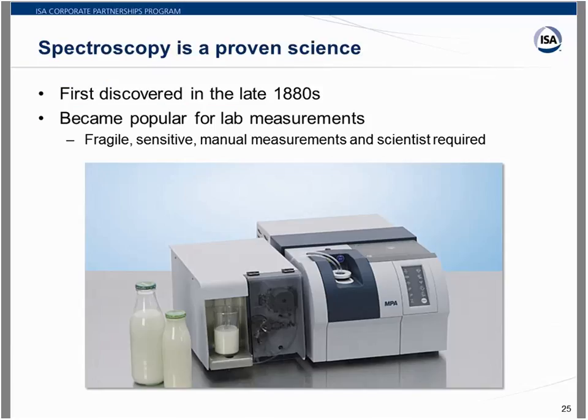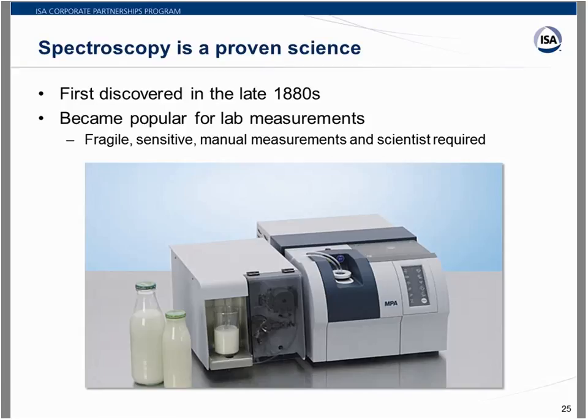The difficulty is that it's potentially fragile, it's sensitive, it can be manual, and a lot of times a scientist is required not only for the initial prep and the instrument analysis, but you also have the after analysis required.